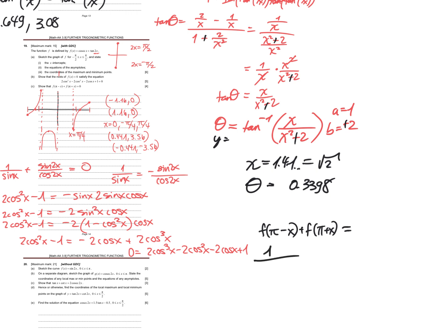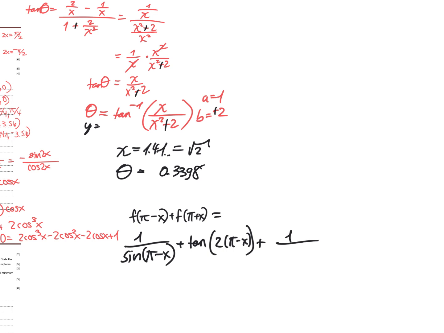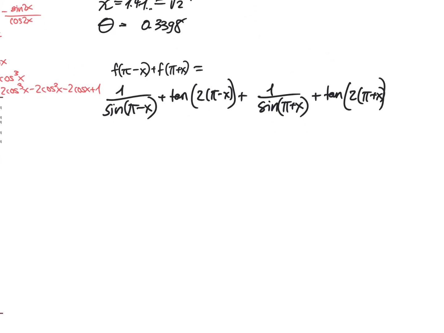So we're going to have 1 over sine pi minus x plus tangent 2 pi minus x plus 1 over sine pi plus x plus tangent 2 pi plus x. And we want to show this equals 0.